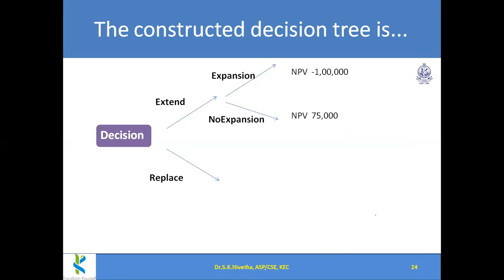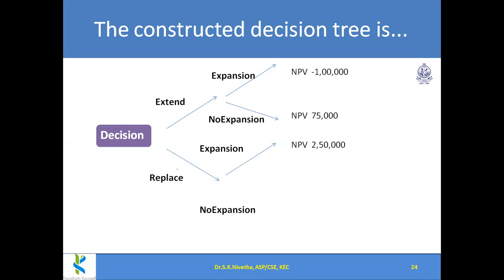That is a downside for them. And if they immediately replace it and the market is expanding, yes, that is a positive sign. We have already replaced it, we are ready, and whenever many people come asking for it, we can sell it. In that case, they can calculate NPV, which comes to around 2,50,000.